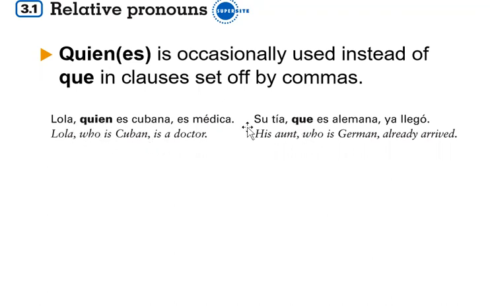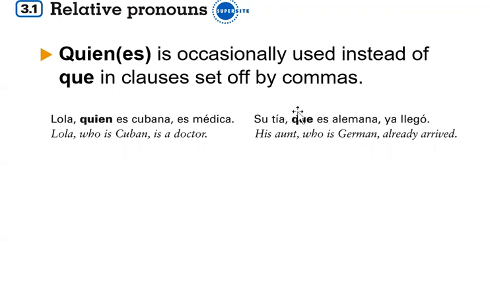We do the same thing here. Su tía, que es alemana, ya llegó. His aunt already arrived. Su tía ya llegó, but we give a little bit more information about his aunt, and we just add the que es alemana, or we could have said quien es alemana, and it would also work. But we can use que or quien in this case, just like in the example, who is German.